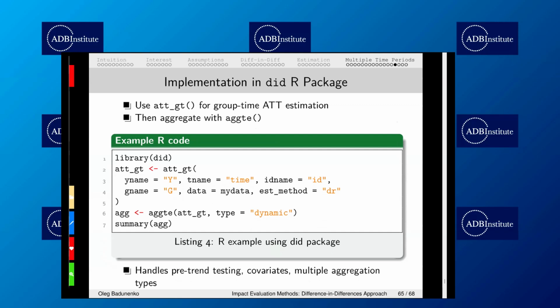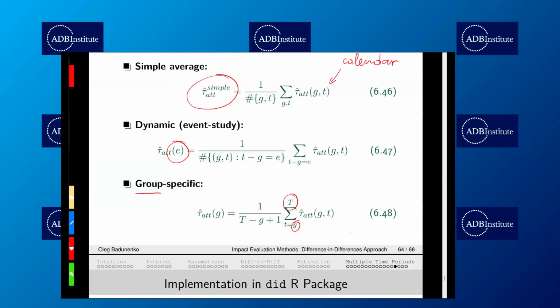So if you are to use both the double robust and the Callaway and Sant'Anna type of estimator, you should be using the library DID. And here is the simple sketch of the R code that you would use to provide estimation for treatment effects. And here you see it's att_gt, and type dynamic here refers to this type of aggregation.